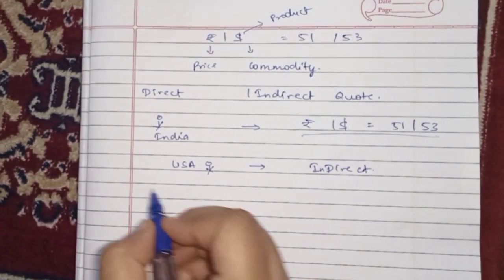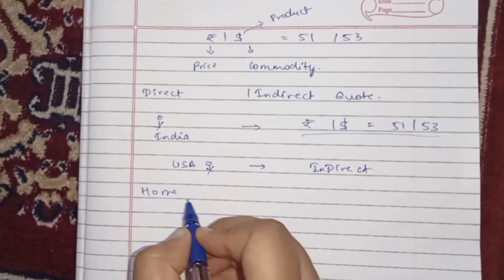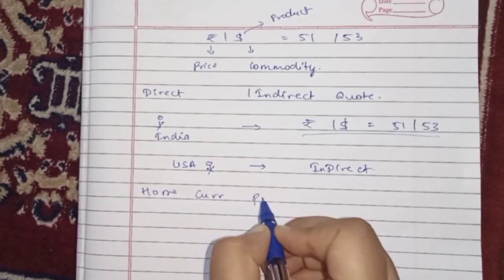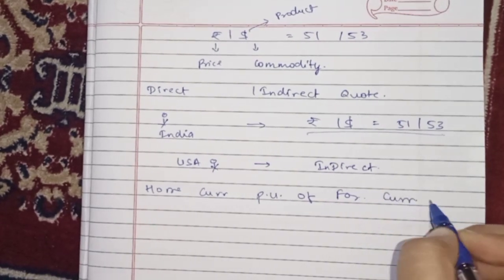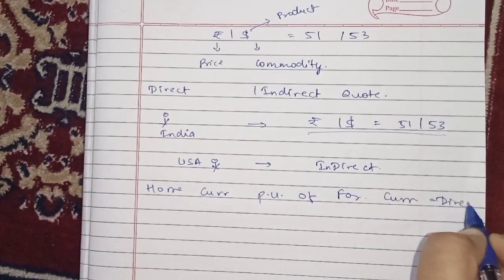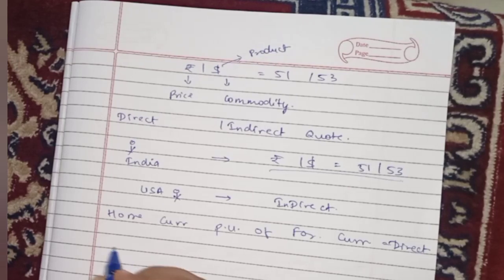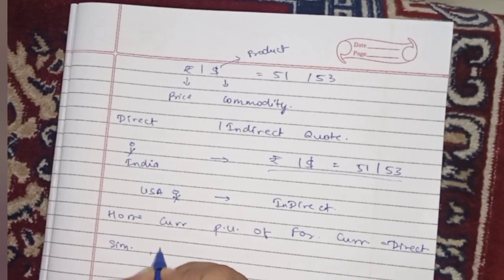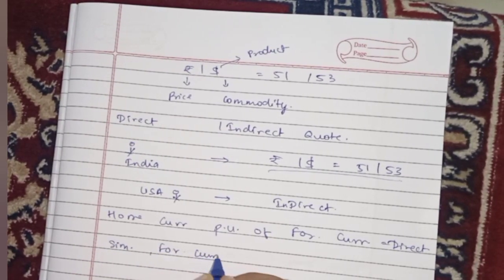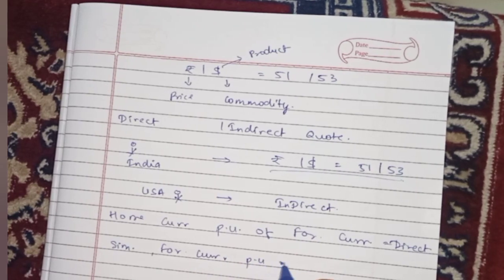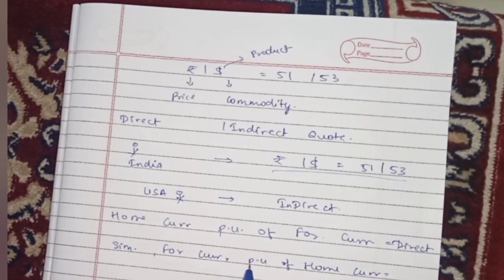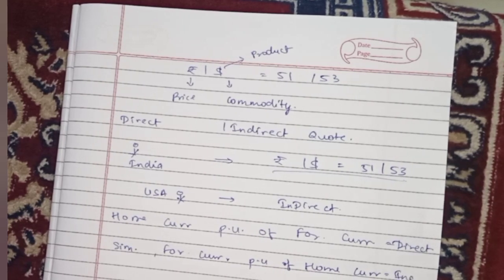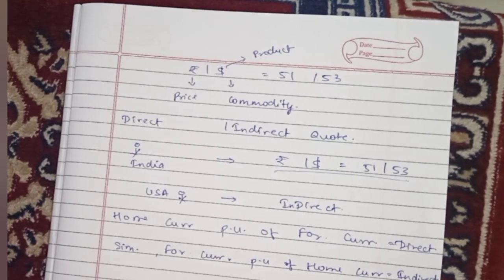You can write in your notebook also, home currency per unit of foreign currency is a direct quote. Similarly, foreign currency per unit of home currency, when home currency is in per unit form, will be an indirect quote.